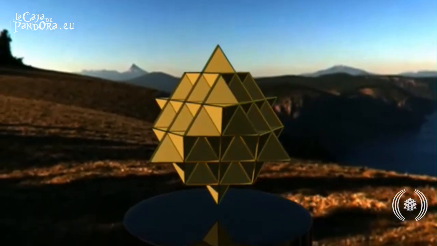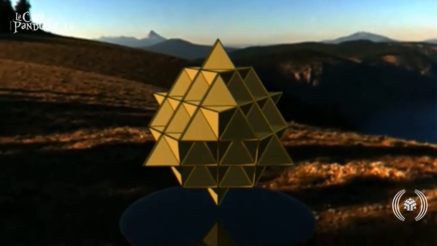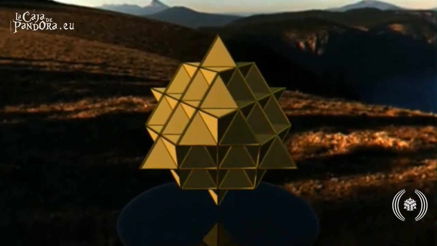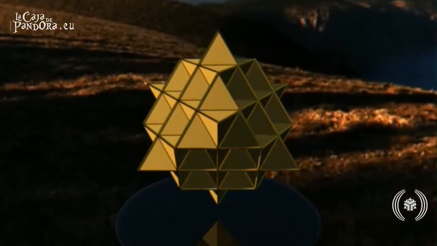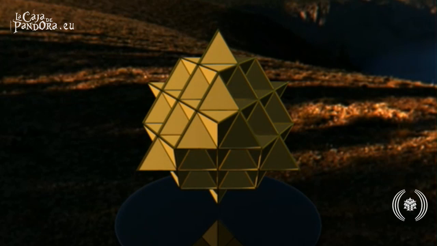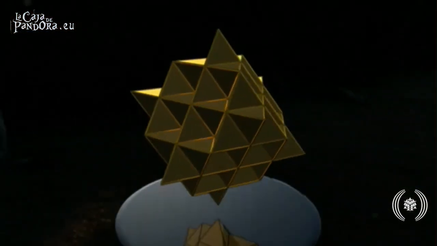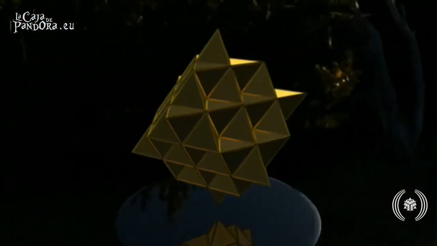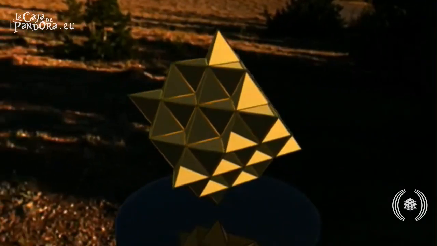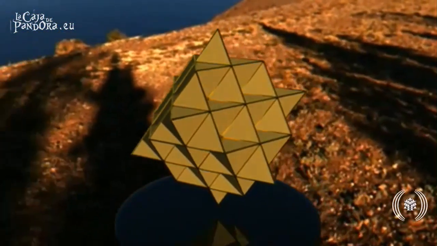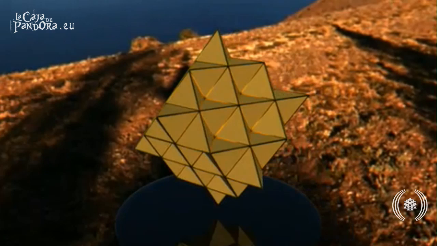So I had both sides of the equation in the structure of the metric. It all kind of came together in this beautiful way. And I thought, that's it. This has got to be the geometry of the vacuum. The other thing is that it grows in perfect octave, like musical notes.